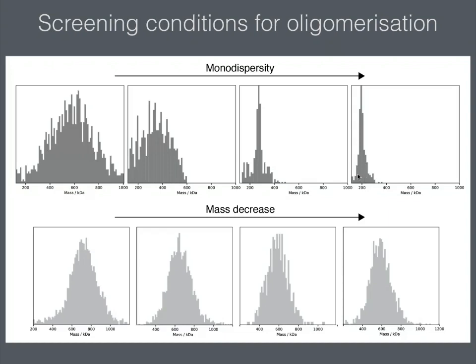In the realm of structural biology, we're interested in trying to characterize the structure at high resolution, and this type of polydispersity is of course a major headache, whether it's for crystallography or NMR or electron microscopy.